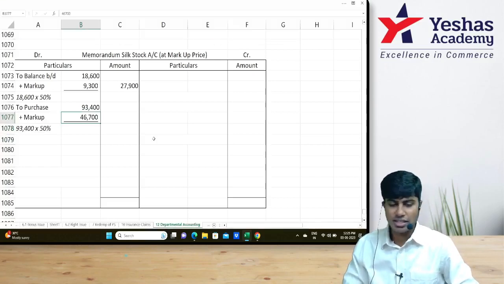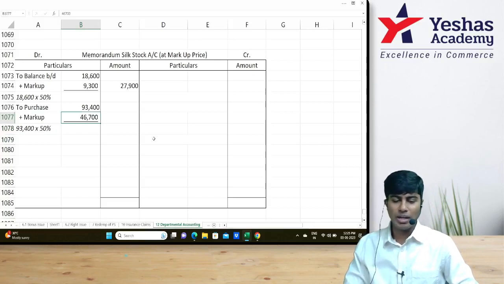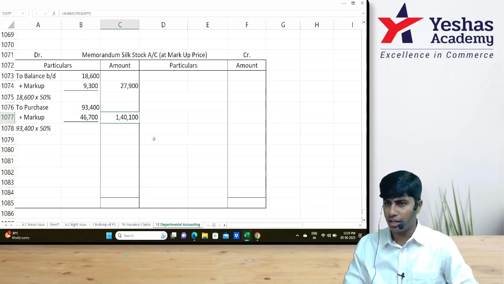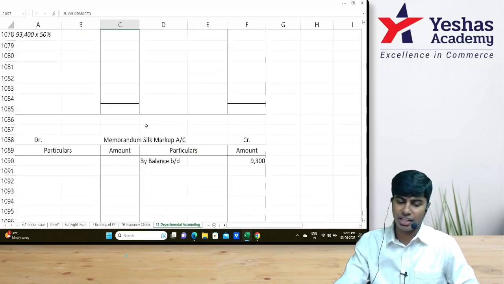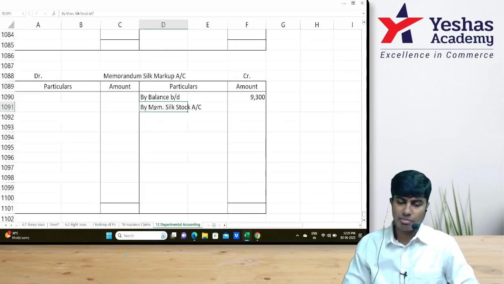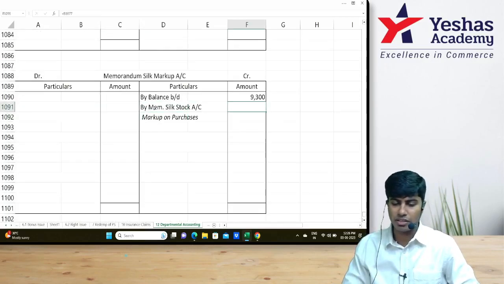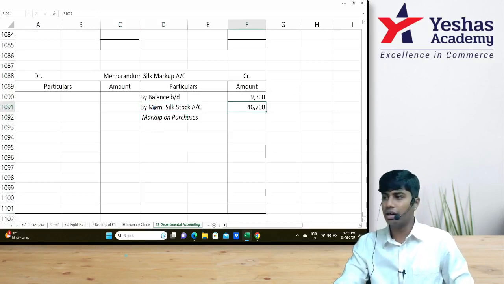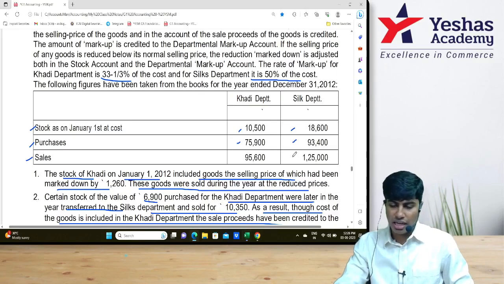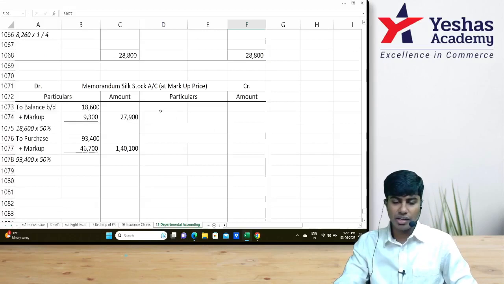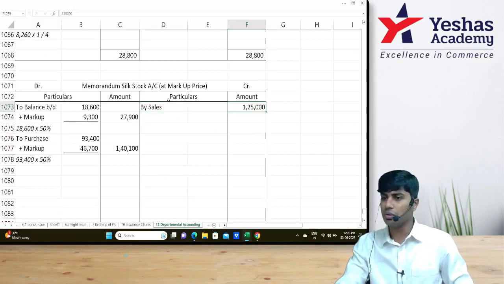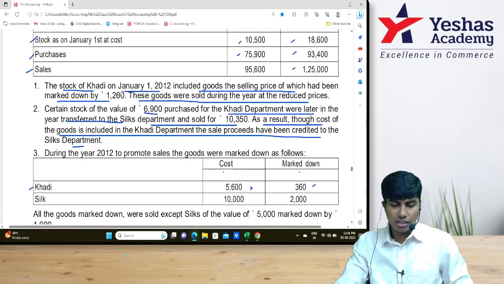If we add, 140,100. And this 46,700, shall we write here on the credit side? Memorandum silk stock account, markup on purchases 46,700. What do we have after that? Sales 1,25,000. In our memorandum stock account, I'll write by Sales 1,25,000.